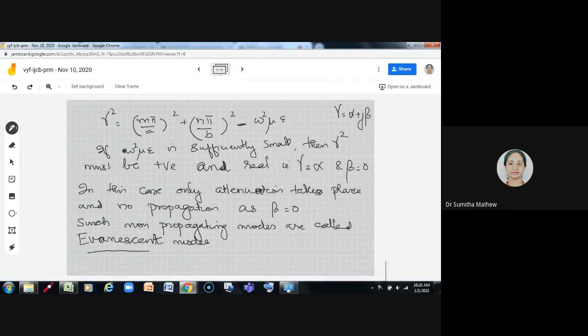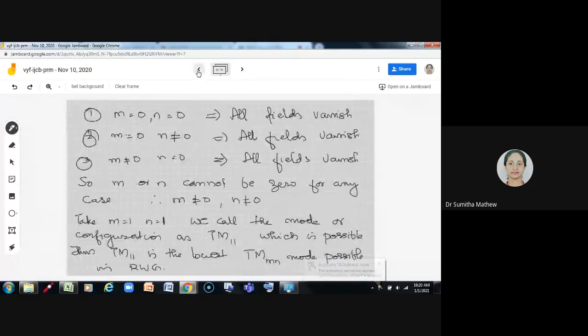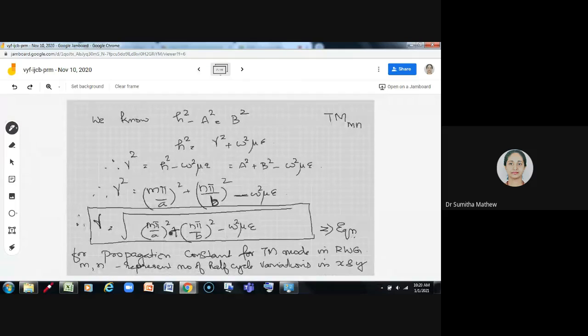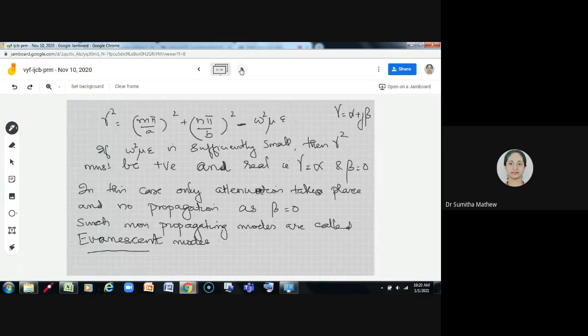Then again, gamma square, we obtained an expression like this. Now, how did we obtain this? From here, we obtained an expression for propagation constant. Gamma square is equal to m pi by a whole square plus n pi by b whole square minus omega square mu epsilon. Now, what is gamma?